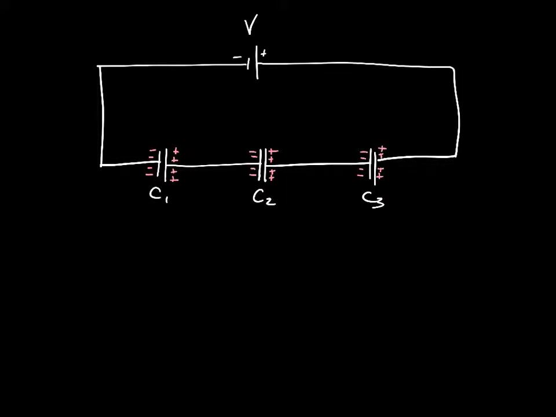And since there's only one path for current flow, every capacitor is getting the same current flow, and that means every capacitor has the same amount of charge on its plates. I don't think that's obvious, which is why we're giving a pause to that fact. And so once again, this is a series of capacitors.